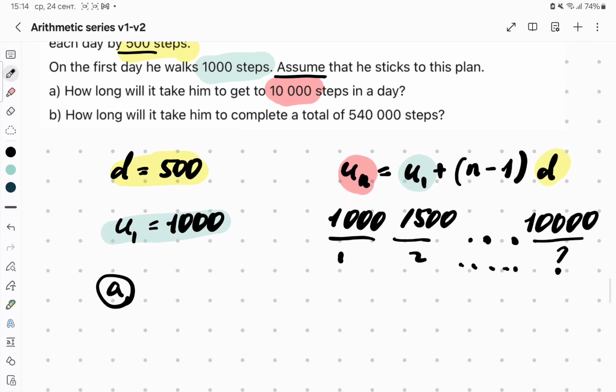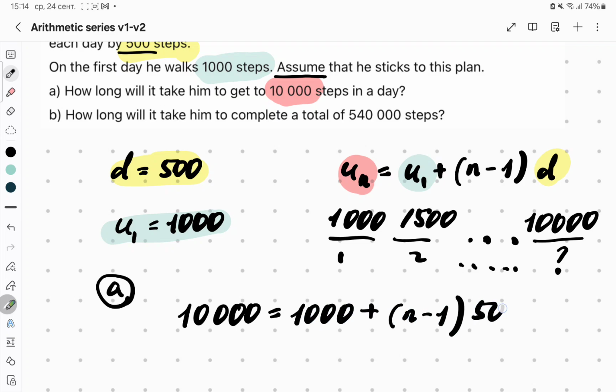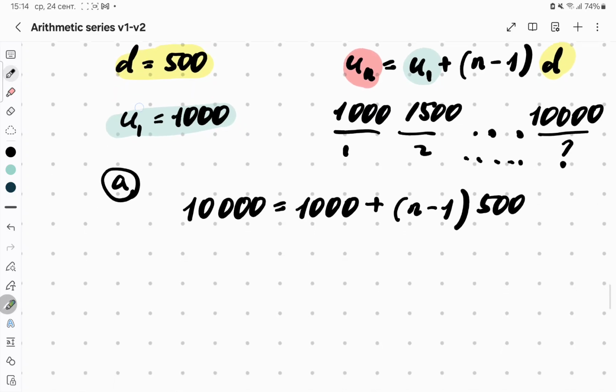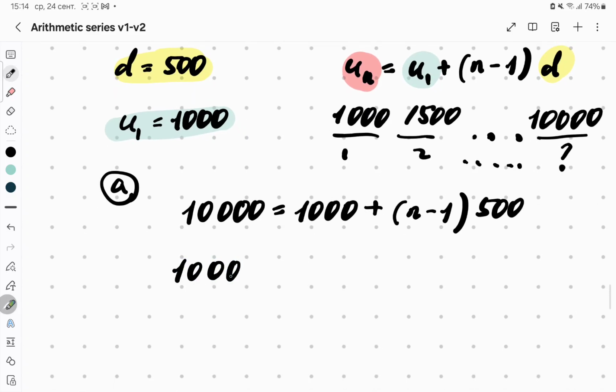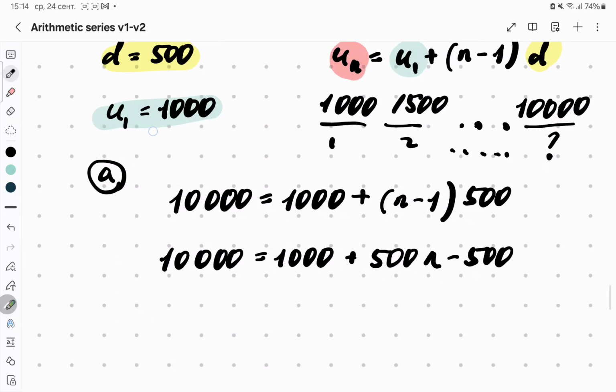Okay, so let's plug everything into our equation. 10,000 is equal to 1,000 plus (n minus 1) times 500. What to do? We should solve this linear equation. So let's open the brackets as we usually do: 500n minus 500, according to the distributive law, guys.